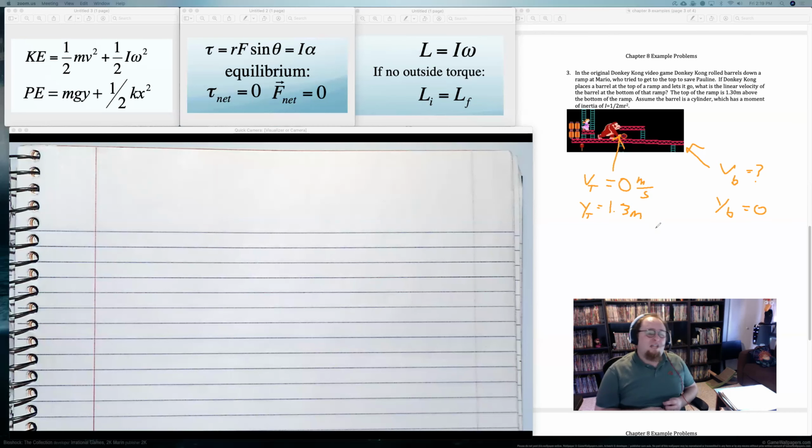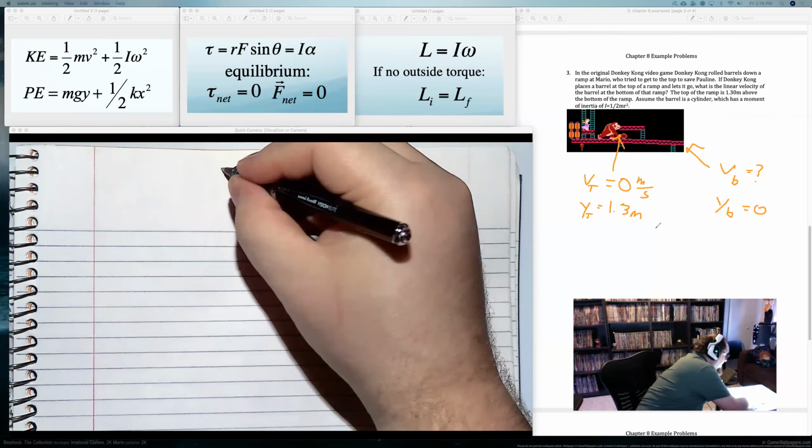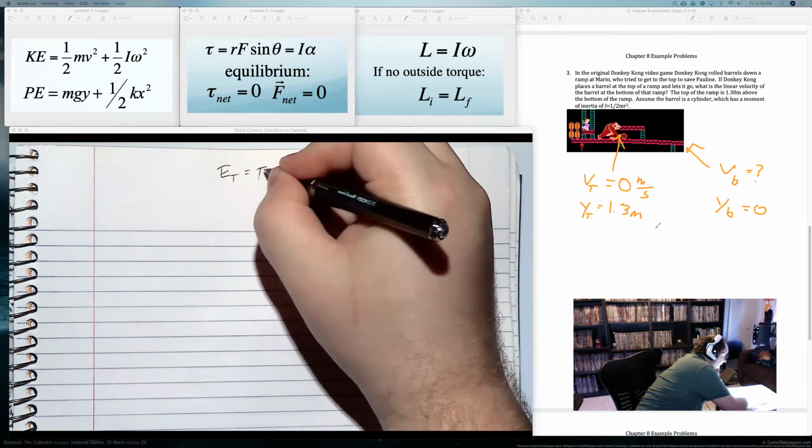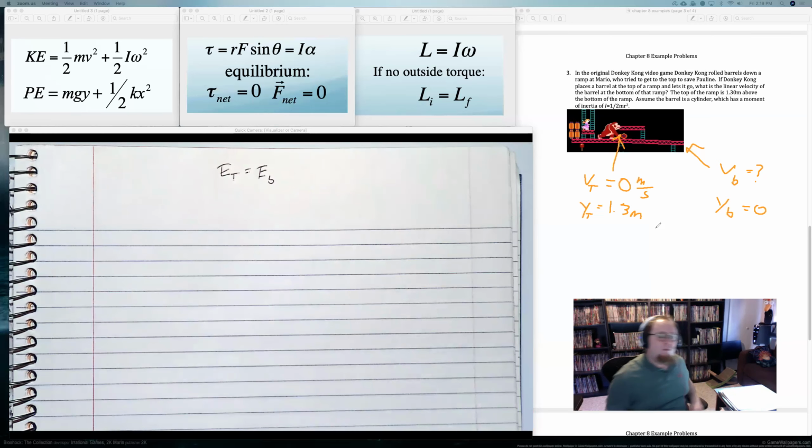If I want to solve this, I have something changing height, and due to a change in height, changing velocity. That is conservation of energy. What I can say is my energy at top equals my energy at the bottom. Well, energy is just going to be a combination of kinetic plus potential. My total energy is just going to be this plus this.